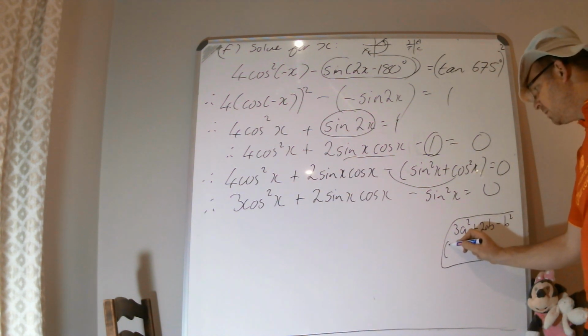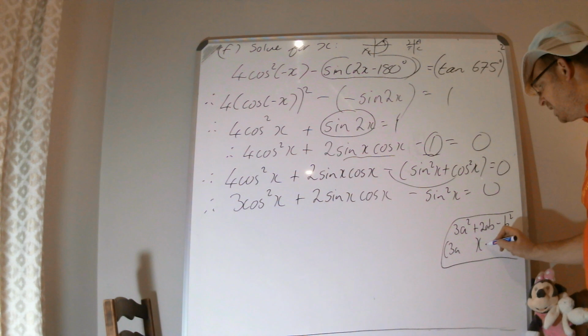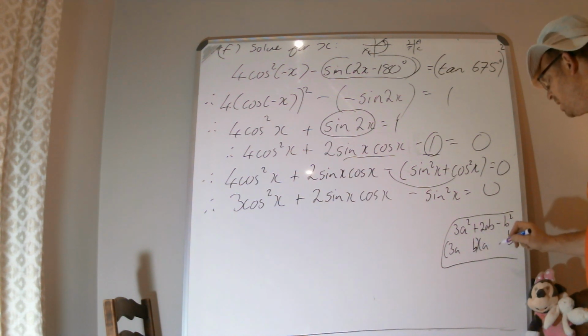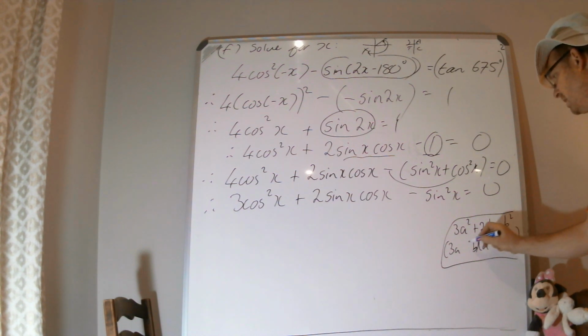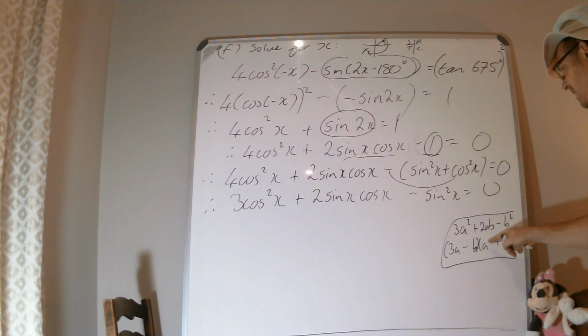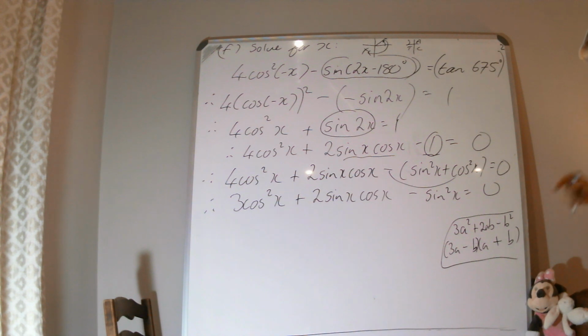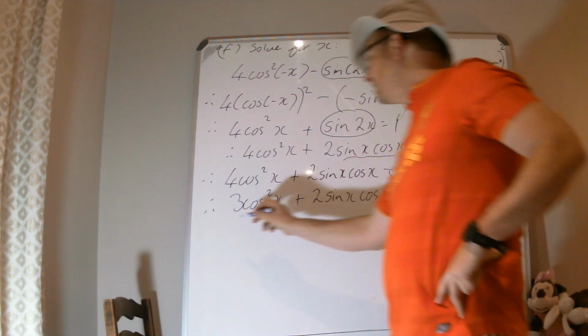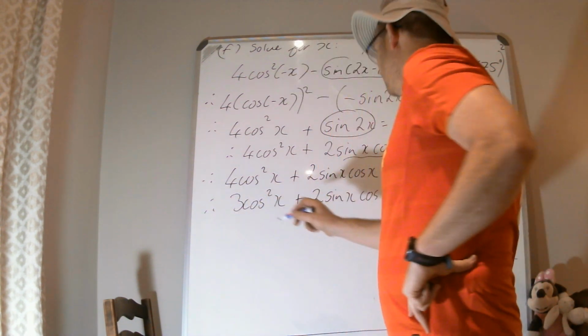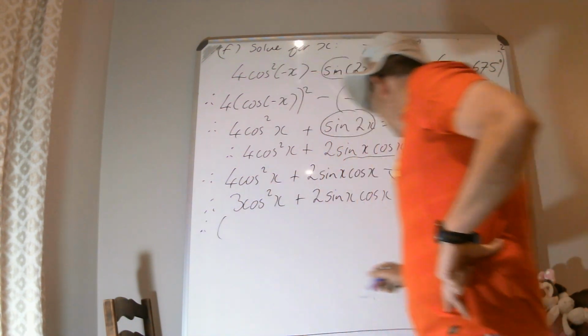If we go 3a and a, b, and I want it to be a plus, so plus and then minus, I get 3a squared plus 3ab minus ab, which is plus 2ab minus b squared. So that works.